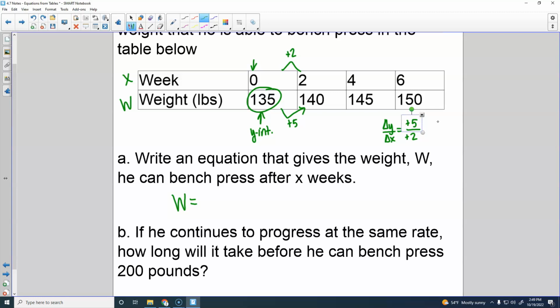Yeah, every 2 weeks he's benching 5 more pounds, right? So I can leave this 5 over 2 if I want. Sometimes I would rather have decimals. In this particular case, you could also make it 2.5, so 2.5 pounds every week. Either way is fine. I guess we'll just do 5 halves. So 5 halves x plus 135.